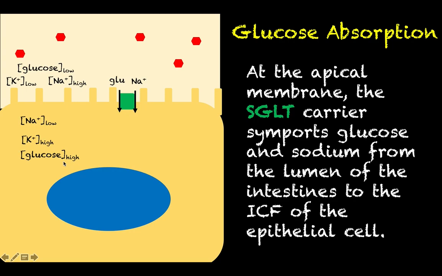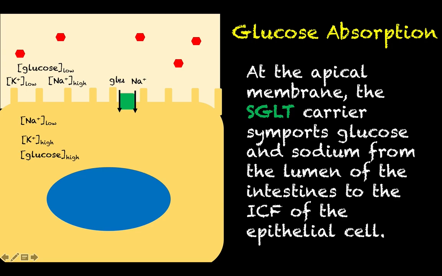So a special carrier that exists in the apical membrane called the SGLT carrier, this is a sodium and glucose symporter. Symport refers to two solutes moving through the same carrier in the same direction and at the same time. And that is distinguished from an antiporter, which transports them in opposite directions. So this is a type of secondary active transport.